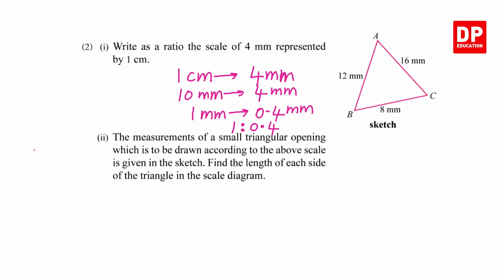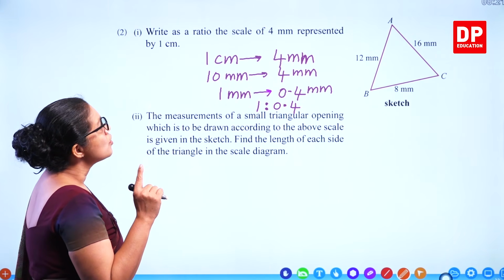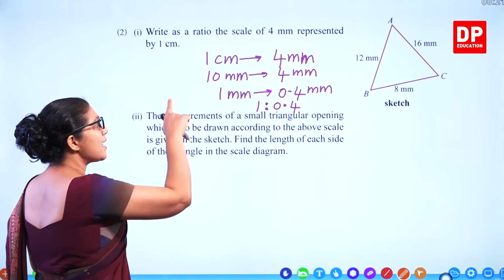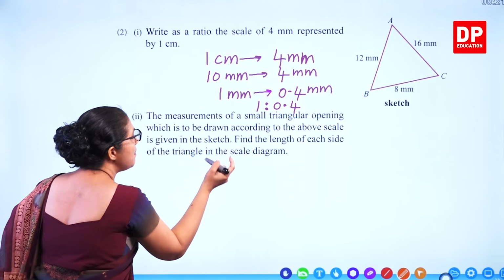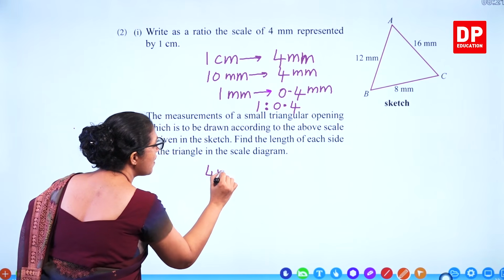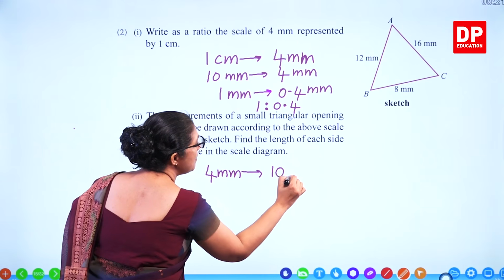Now the measurements of the small triangular opening which is to be drawn according to the above scale are given in the sketch. Find the length of each side of the triangle in the scale diagram. We need 12 millimeters. So we'll take it the other way around. It's given these values in millimeters. 4 millimeters represent 10 millimeters.